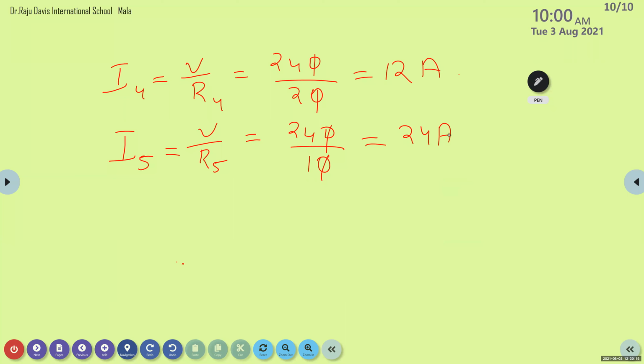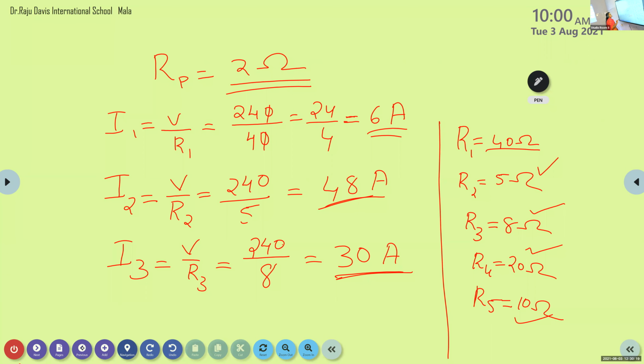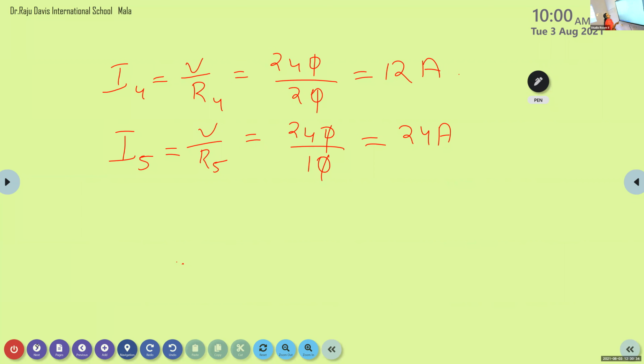So the second sub-question is also over. The current through the first resistor I1 is 6 ampere, through the second resistor I2 is 48 ampere, through the third resistor I3 is 30 ampere, through R4, I4 is 12 ampere, and through the fifth resistor I5 is 24 ampere.